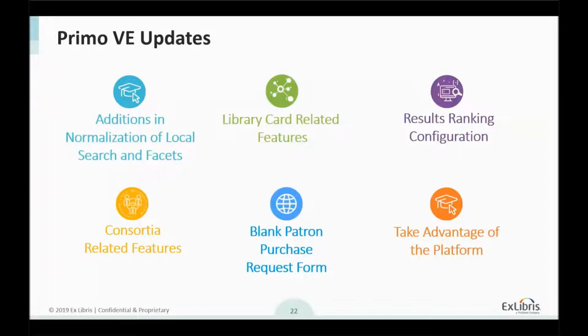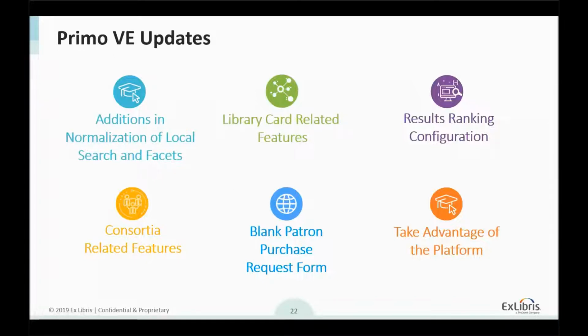We added during July the configuration of the loan request field in my library card, and in August we are going to release the online payment link in my library card for any payment system that you have. We have an amazing feature that gives you the ability to change the ranking configuration for specific needs. We will talk about that.